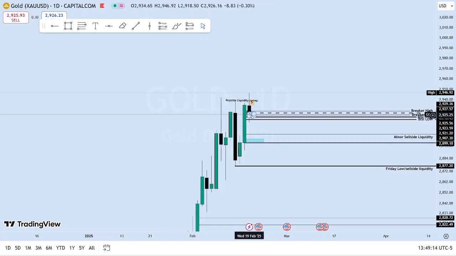Should price close today, being Wednesday, maybe there or lower and create a fair value gap here, I would like to see a fair value gap for Thursday price to deliver inside it, then take out this sell-side liquidity. Once price creates a fair value gap here, I will be anticipating price going long on gold.